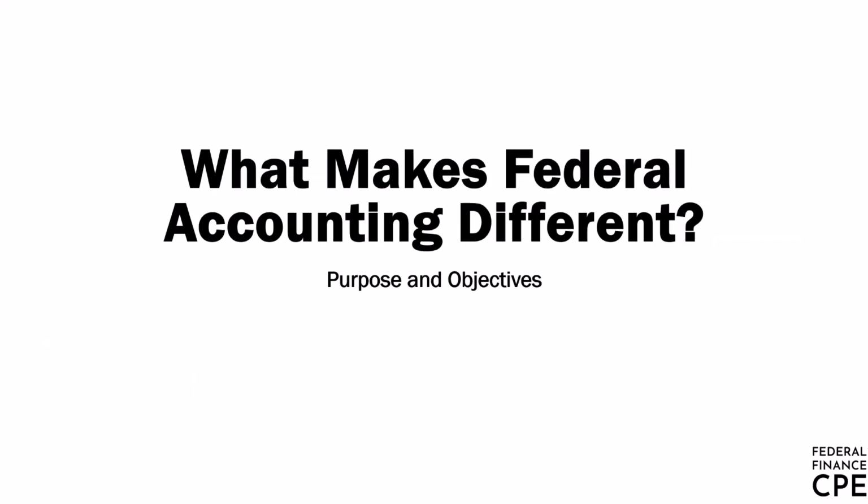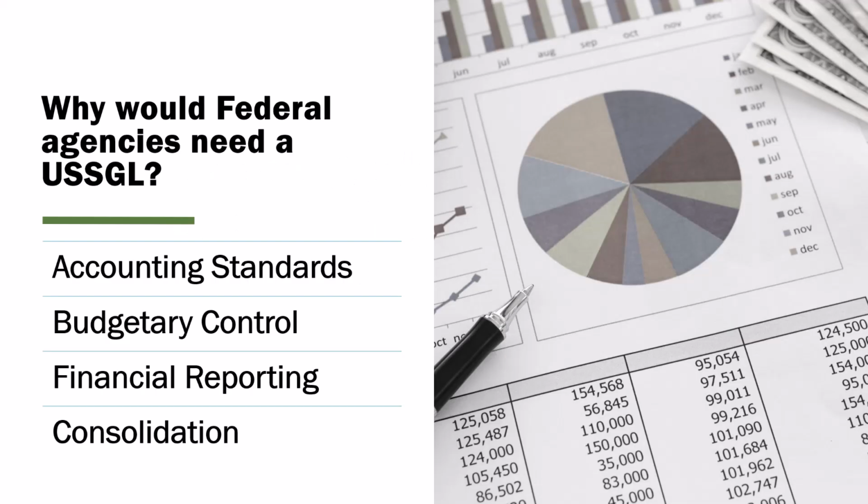So before we dive into the USSGL, you might ask yourself, why do I need this? Well, federal accounting is different than commercial accounting, but let's go into some specifics. For one, federal agencies all follow the same accounting standards, which are set by the Federal Accounting Standards Advisory Board. This is not FASB, this is not GASB, this is its own accounting standard board.